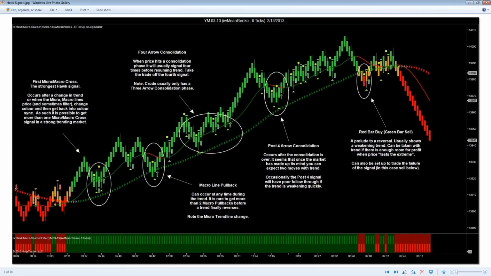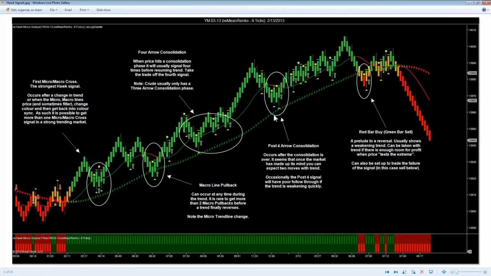So each of our tools has what we call the high probability signals. These are the high probability trades, ones that you can take with a great deal of confidence. This is the Hawk Scalper. Two of these signals you've already seen, the first micro-macro cross and the macro pullback, both very high probability signals. 4-arrow consolidation, another high probability signal.